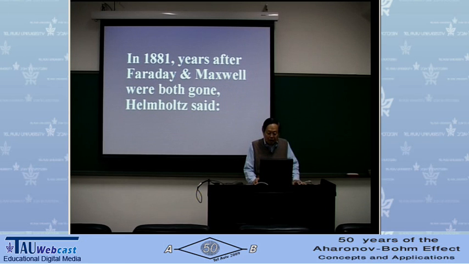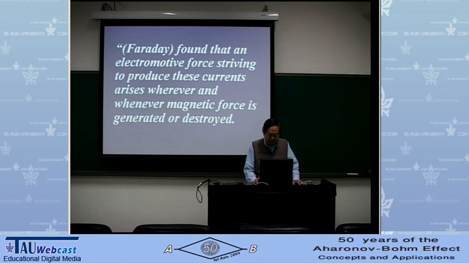In 1881, years after Faraday and Maxwell were both gone, Helmholtz had this to say: "Faraday found that an electromotive force striving to produce these currents arises wherever and whenever magnetic force is generated or destroyed."